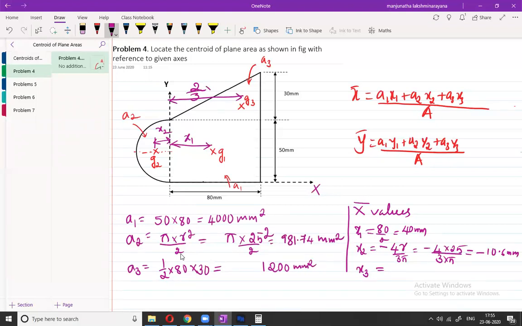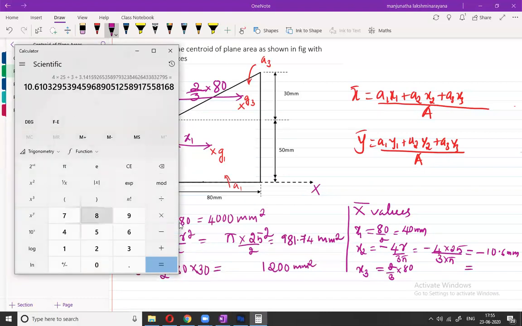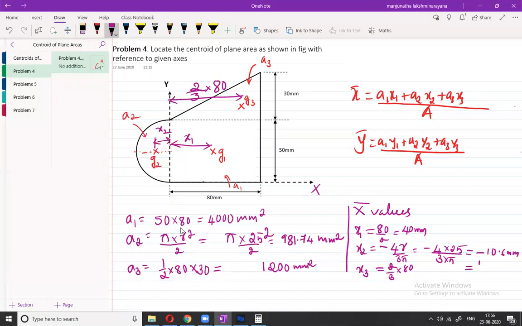Therefore 2/3 of 80, that is 2 into 80 by 3, which is 160 divided by 3, equal to 53.33 mm.